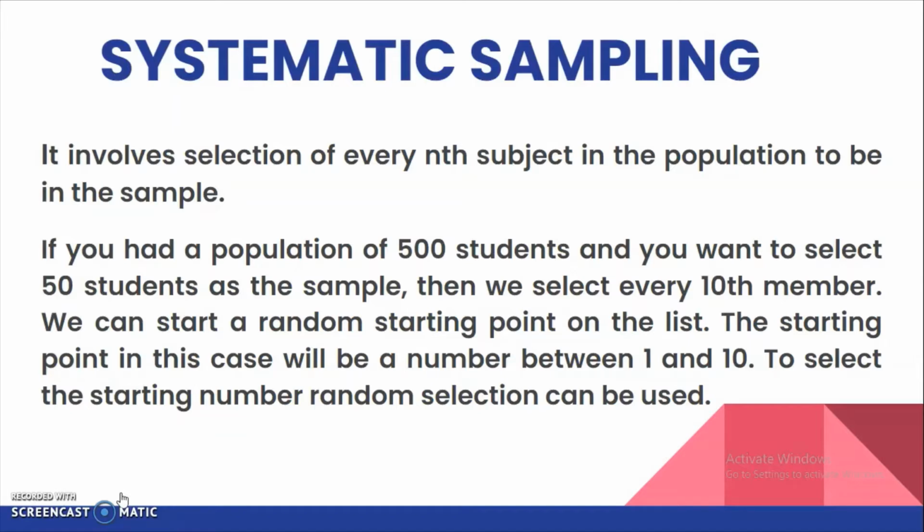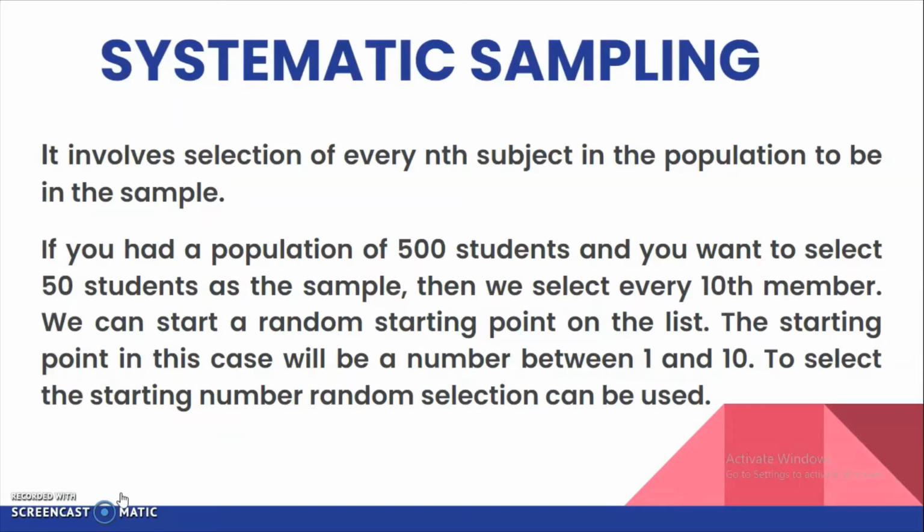and then what we are going to do is we select every nth. For example, if you had a population of 500 students and you want to select 50 students as a sample, then we select every 10th member. So if you select every 10th member, we will get 50 students. We can start from a random starting point on the list.